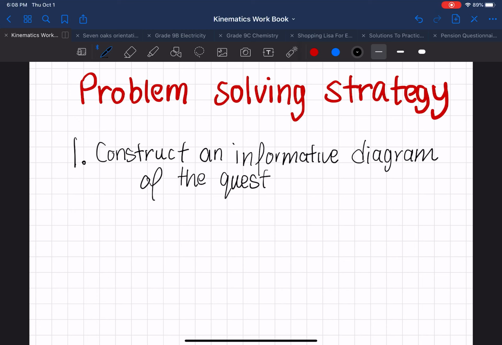Sometimes you'll get a question like, Tom walked 5 meters east and then walked 2 meters north. What's the magnitude of his final displacement? Always draw it out and it'll help you in the long run. Same if a car is moving at a certain speed, draw it out, it'll help you.